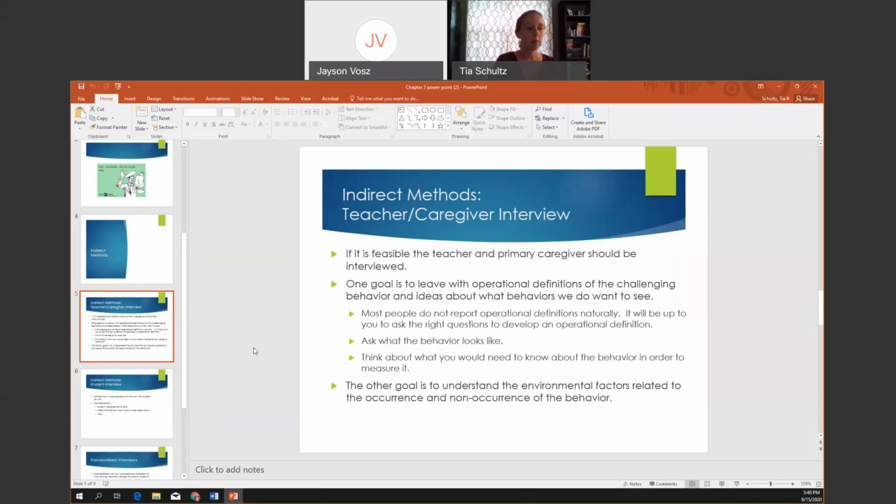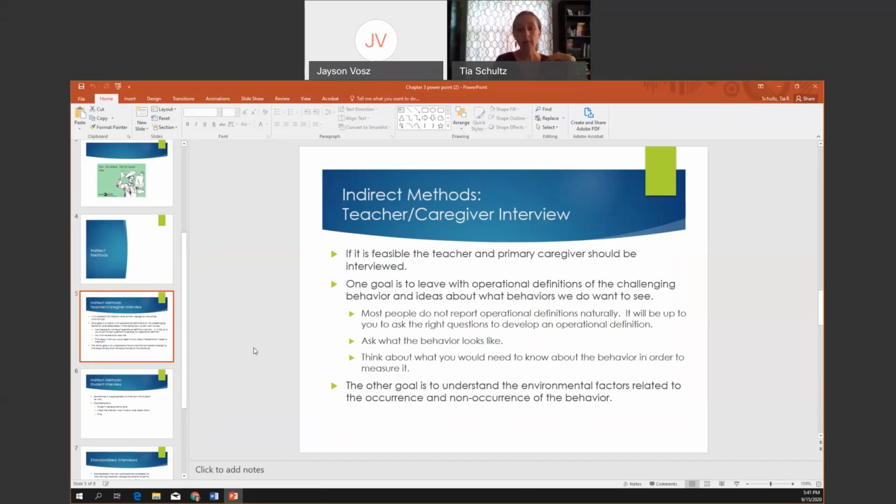So we might hear people saying things like, well, the student is being lazy, or the student doesn't feel like doing their work. And those are not operational terms, because we can't observe that and then measure it. So we want to get at, well, what does the behavior look like? And so as we're interviewing, we'll ask questions like that to get at what the behavior looks like.